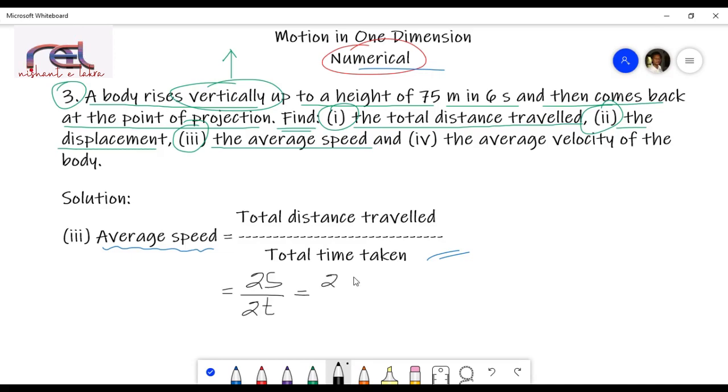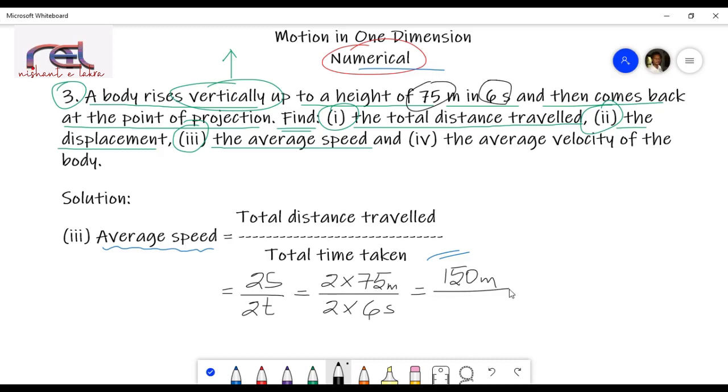Right, we're talking about a body moving vertically upwards. It will return back. That's why total distance is 2s and total time taken is 2t. Now we will replace the values. 2 into s is 75 divided by 2 into time that is given in the question is 6 seconds.